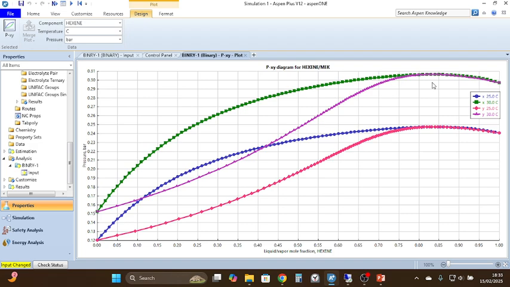From this curve, can you tell me whether 100% separation is possible or not?